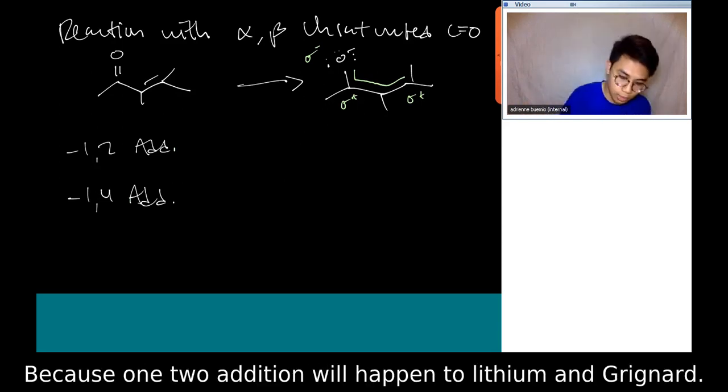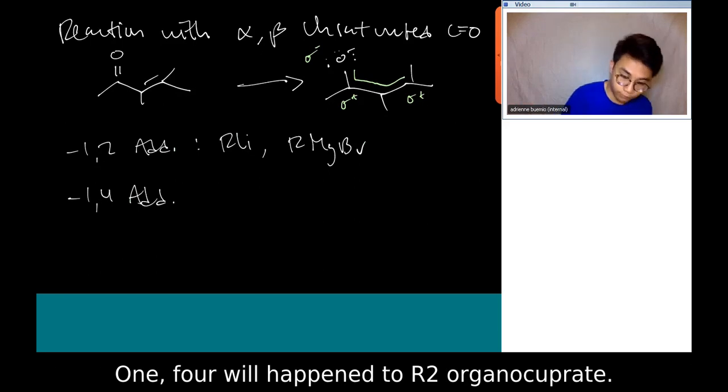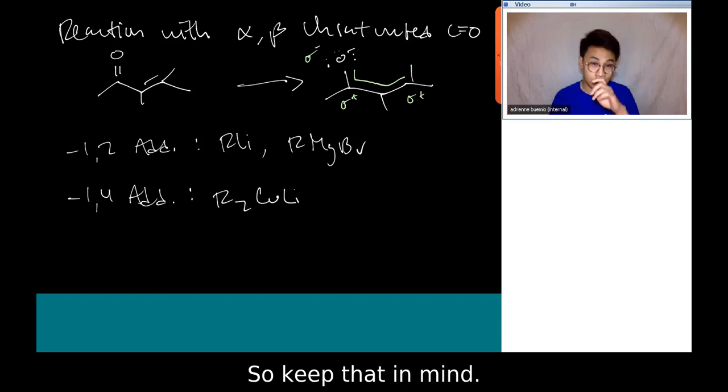Because 1,2 addition will happen with organolithium and Grignard. 1,4 will happen with R2CuLi, organocuprate. So keep that in mind.